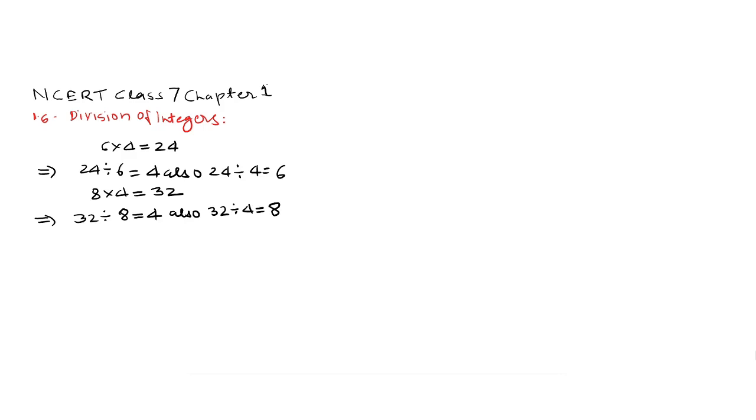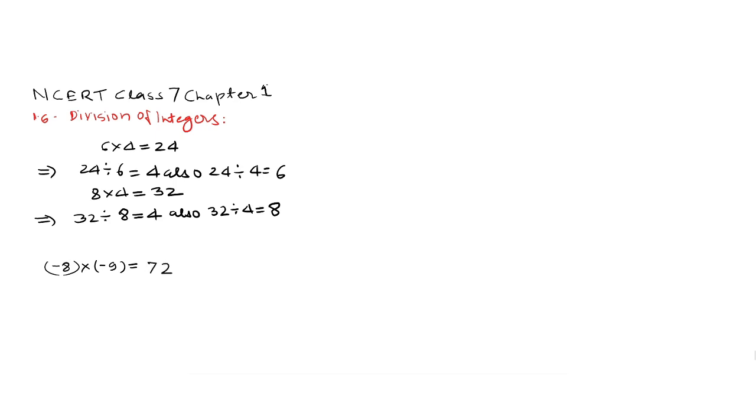From this we conclude that division is inverse operation of multiplication. We go for some more examples. -8 multiplied by -9 give us 72.